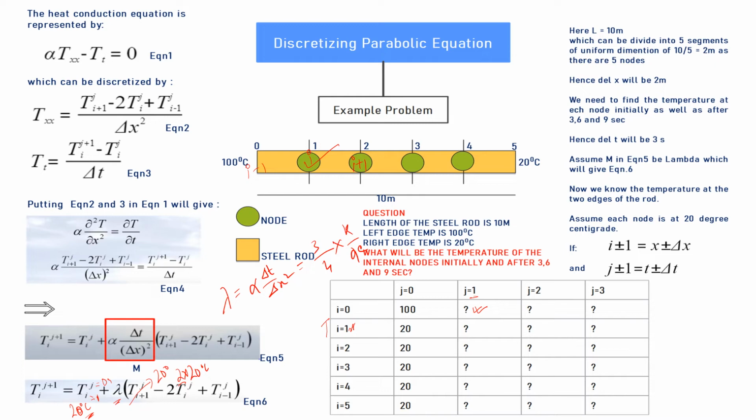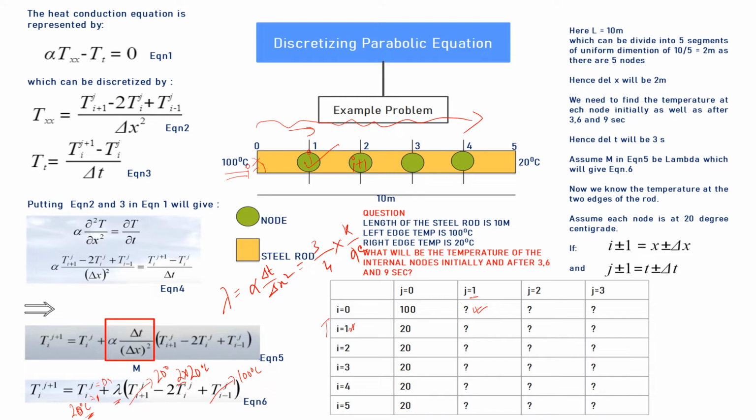However, this T i minus 1, that is the temperature at this node, this is i and this is i minus 1, right? So this side is positive, this side is negative because it is flowing from this part to this part, right? So this is i minus 1, which is known as 100 degrees centigrade. So if I see this, this is 20 degrees minus 40 degrees, that is minus 20 degrees plus 100 degrees centigrade.